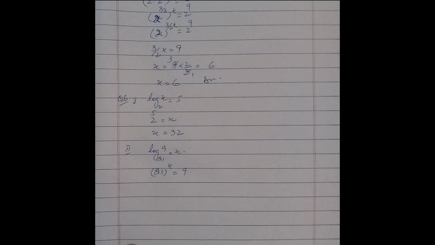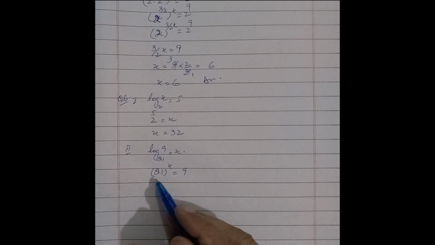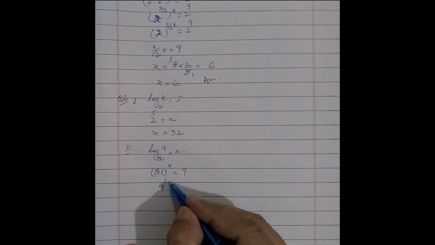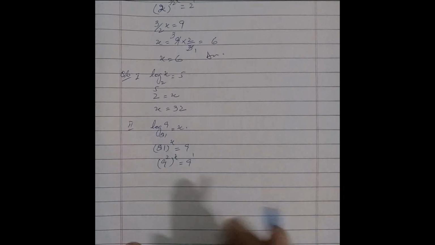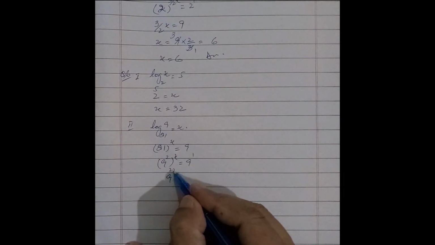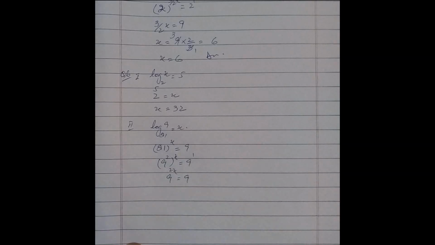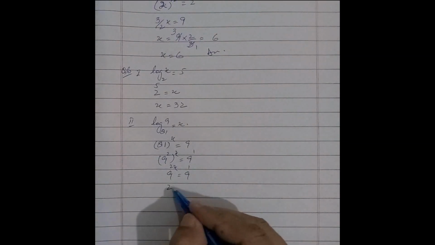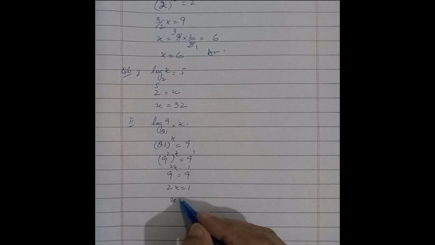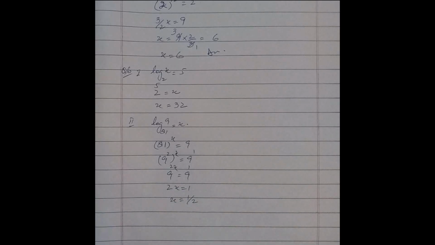We take the factor of 81, which is 9's power 2 whole power x is equal to 9, so 9's power 2x is equal to 9. When the base is the same, the power is also the same. So 2x is equal to 1 and x is equal to 1 over 2.